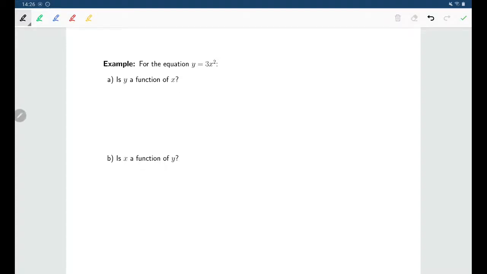So for this one, the question of is y a function of x, the question then is, for every x that we choose, do we get only one y value? And the answer to that is yes. If you select any x value, then 3x squared will only have one value.